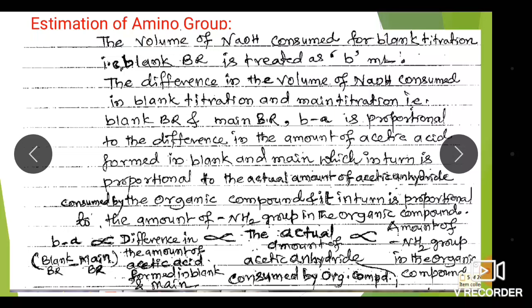The difference in the volume of NaOH consumed in blank titration and main titration, that is sample titration, blank burette reading and main burette reading, that is B minus A, is proportional to the difference in amount of acetic acid formed in blank and main, which is proportional to the actual amount of acetic anhydride consumed by the organic compound, and which is further directly proportional to the amount of NH2 group in the organic compound.